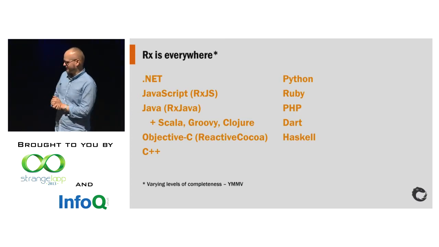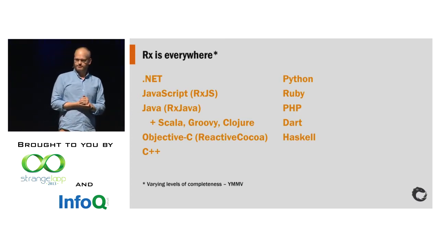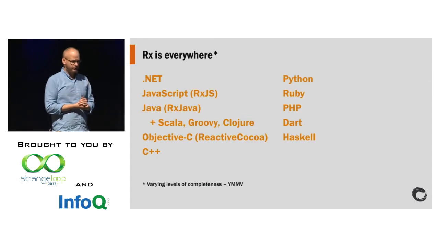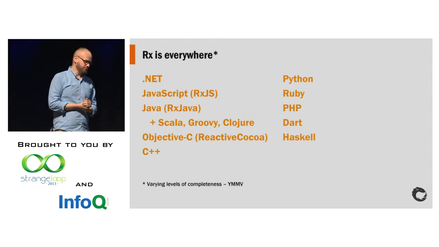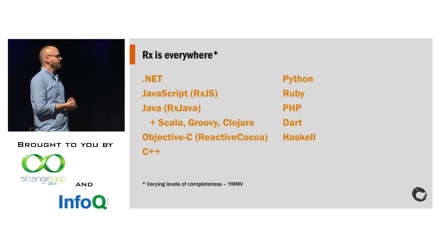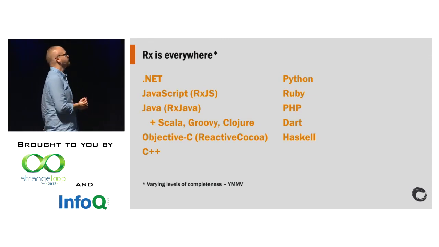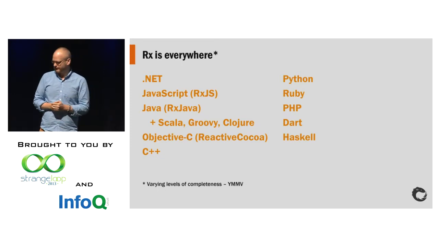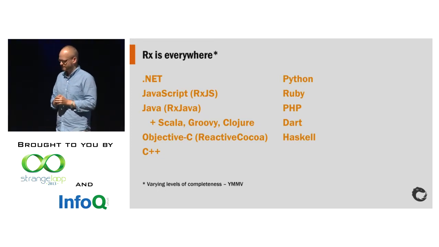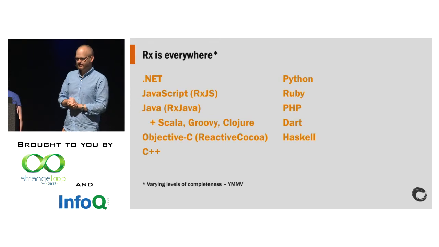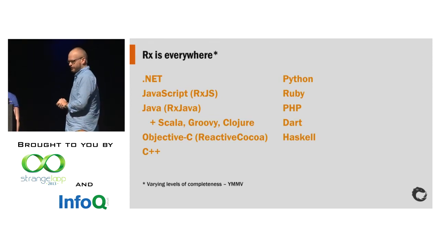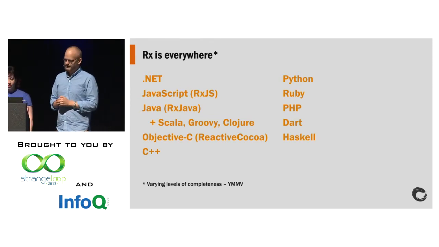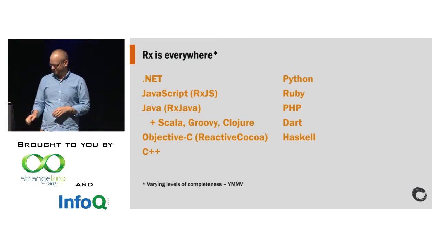And then we also have a Java version from the Netflix folks, and they're working actively on this pretty much almost every day, releasing new bindings and new operators. They're also working on Clojure, Scala, and Groovy bindings as well, so it really feels natural. And the GitHub guys as well worked on a thing called Reactive Cocoa, taking a lot of the concepts from the reactive extensions and applying it to Objective-C.